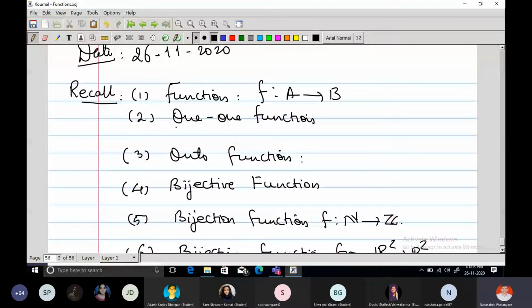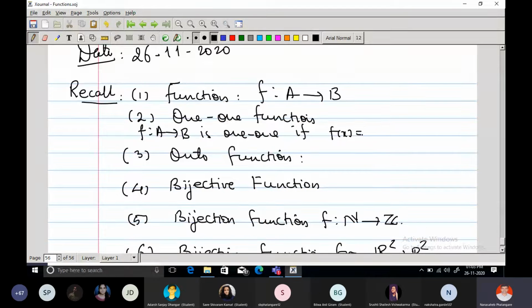What is a one-to-one function? F from A to B is one-to-one if two elements in the domain are distinct, then their images are distinct, or if images are the same, then pre-images are also the same.